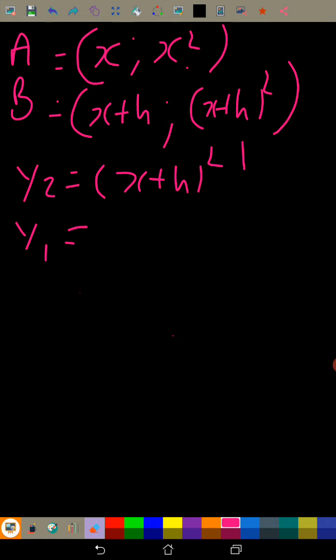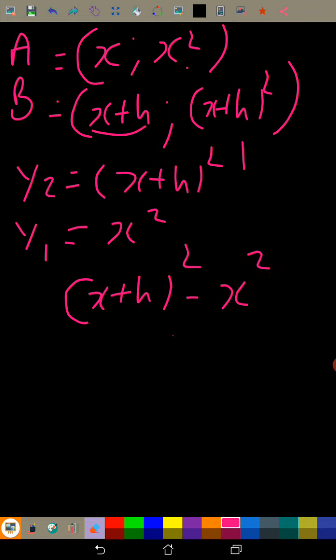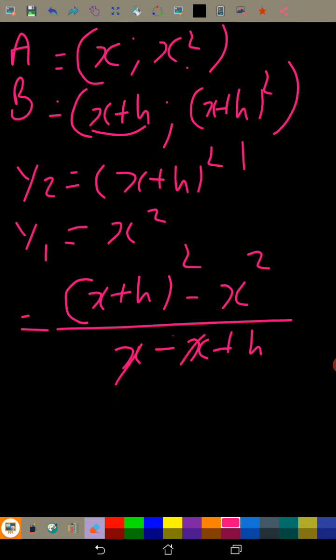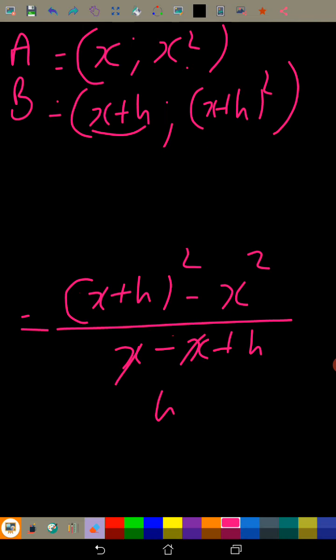And y1 is x squared. So if we want to do it, we just do x minus x2. This is x minus x plus h. This is a gradient. So this will cancel. We'll only have h at the bottom. Yeah, now it's good.